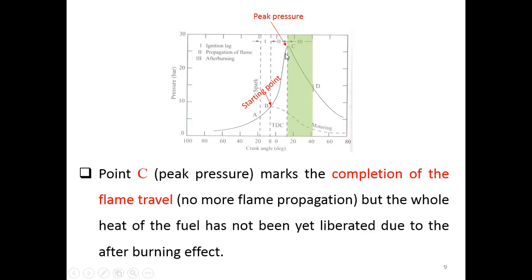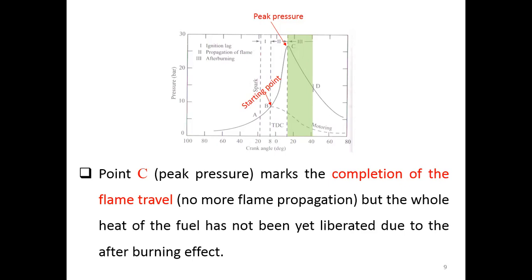The pressure is supposed to release, but it is not released because combustion happened. And it goes up until the peak pressure here, where you see no more combustion because no more flame propagation, right? But the heat transfer still happens, so you have to separate between combustion and heat transfer.